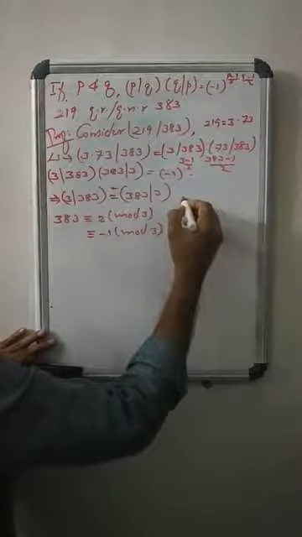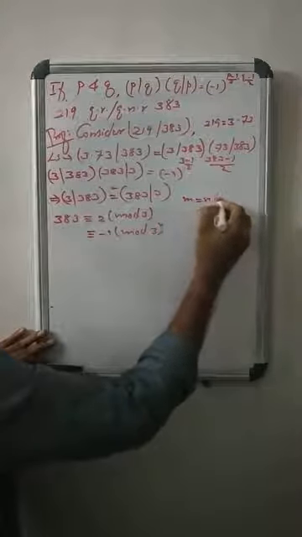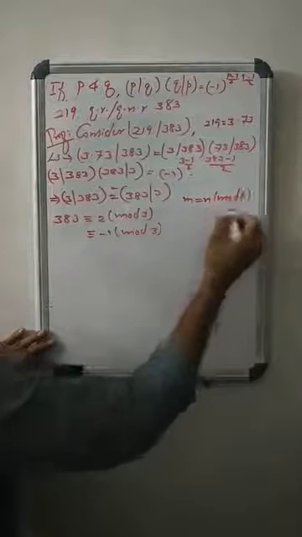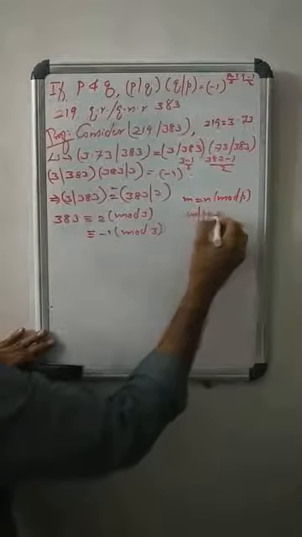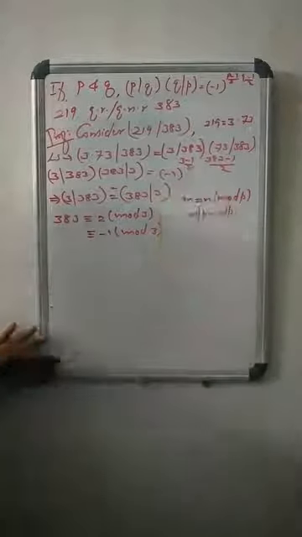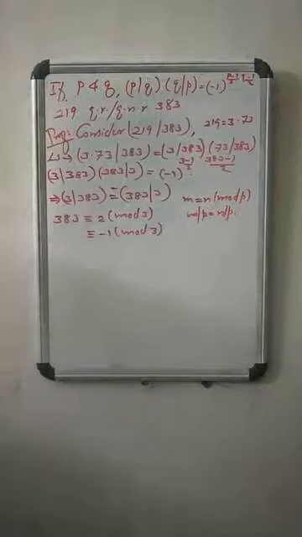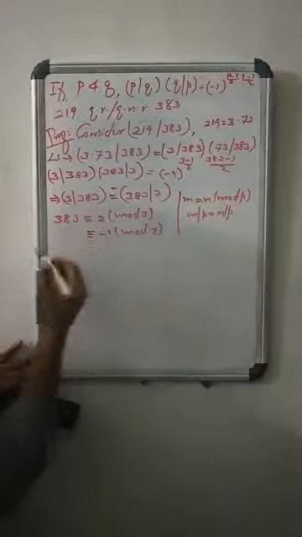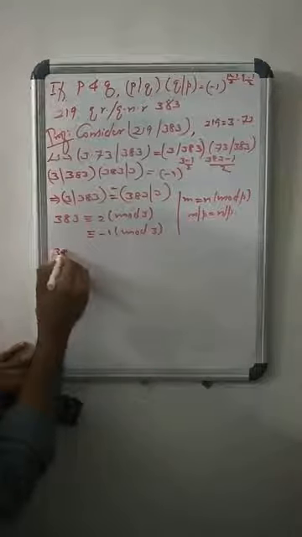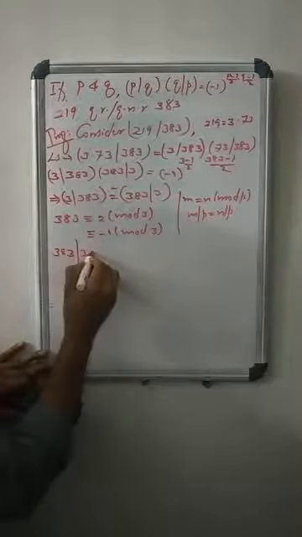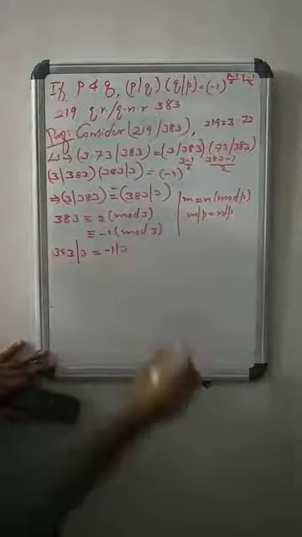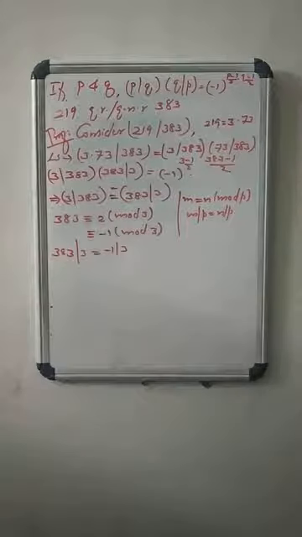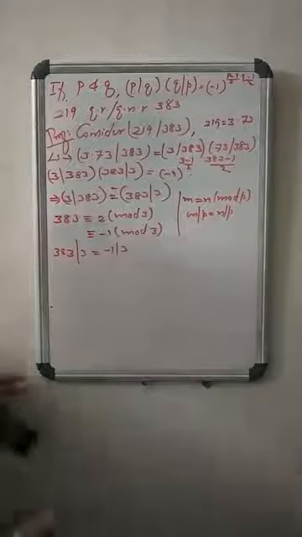We know that if m is congruent to n mod p, then (m bar p) equals (n bar p), or (m by p) equals (n by p). According to this argument, 383 congruent to minus 1 mod 3 means (383 bar 3) equals (minus 1 bar 3). But what is (minus 1 by p)?